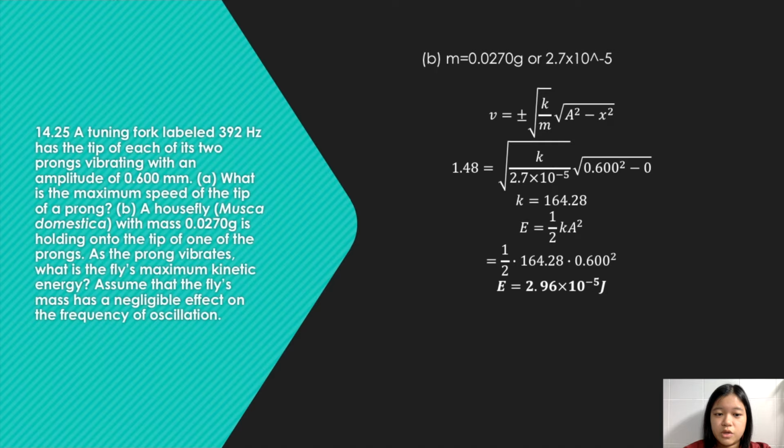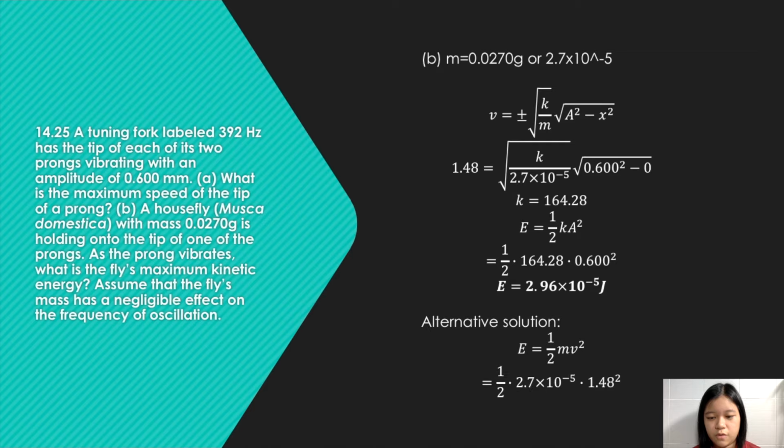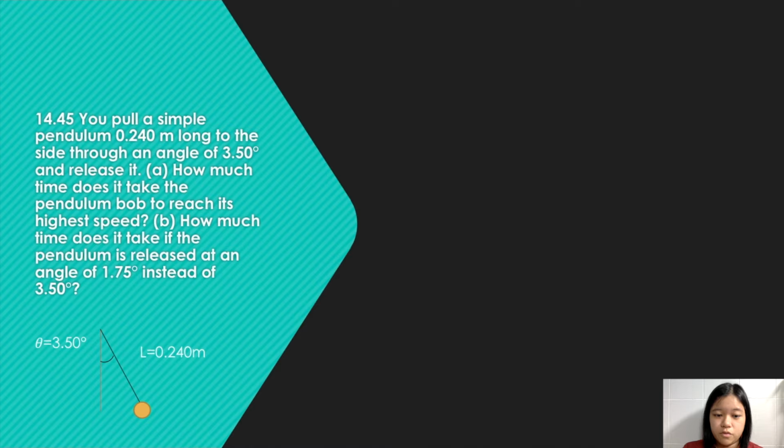Again, 0.6 times 10 to the negative 3, and you'll get an E of 2.96 times 10 to the negative 5 joules. Now for this problem, you can also use the formula for kinetic energy, since it's the maximum, and we know the maximum velocity, so that'll just give you the same answer if you substitute the values, 2.96 times 10 to the negative 5 joules.